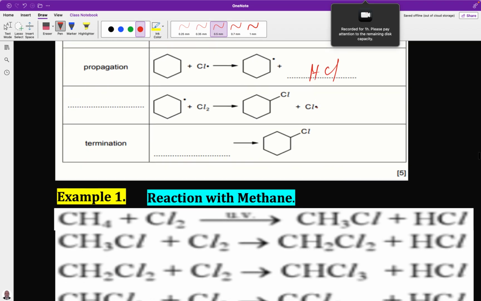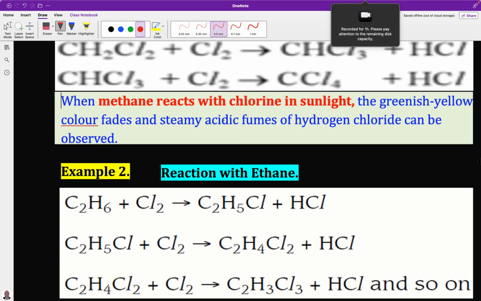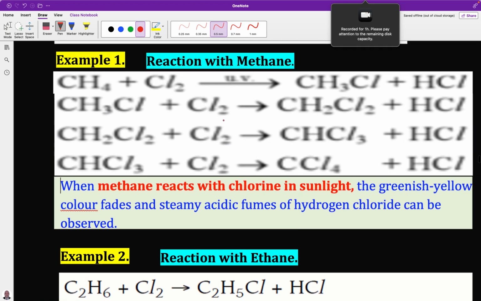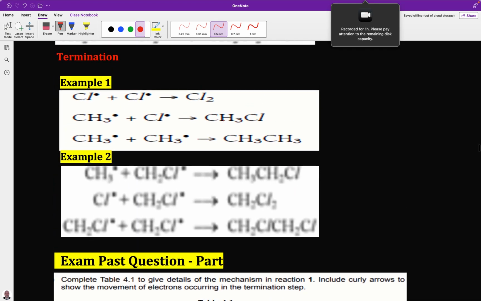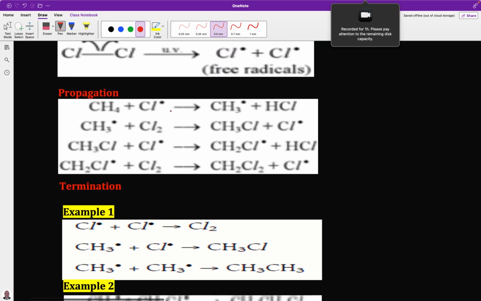Then it takes us to this other one here. At what stage will a free radical and a chlorine molecule react? A free radical and a chlorine molecule, or a free radical and a methane molecule.